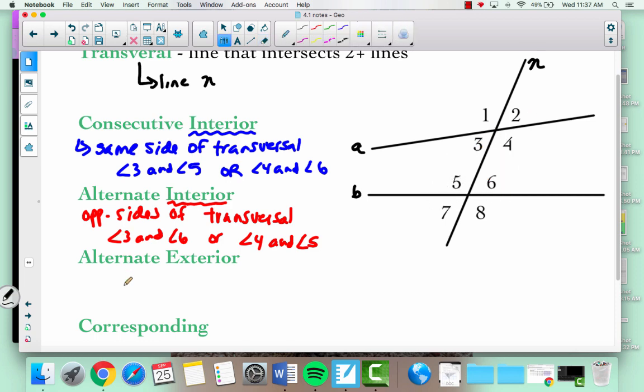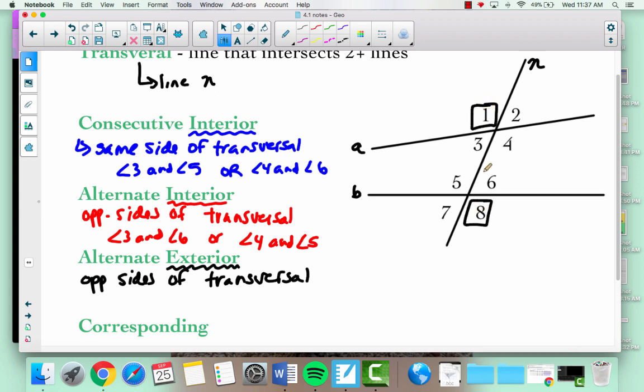Alternate exterior, again with the word alternate, that means it's going to be on opposite sides of the transversal. And so this one is going to be on the exterior of our two lines. In this case, that would be angle 1 and angle 8.